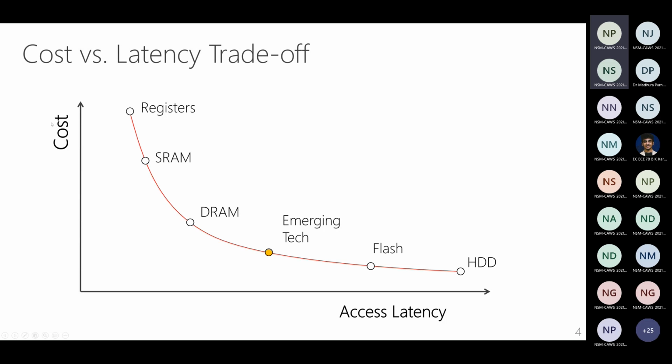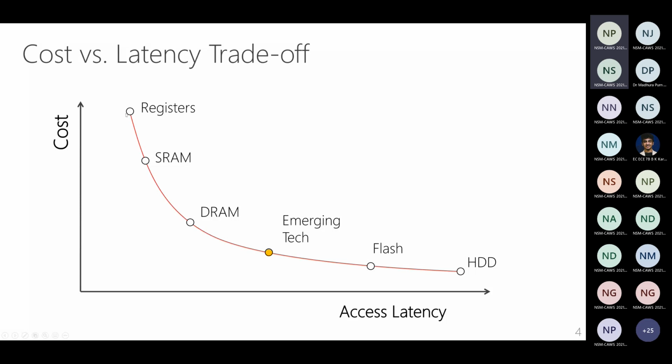Typically, if you want low access latency, you pay a high cost. On the top left here, you have your processor registers, which are extremely close to your CPUs and give you the lowest latency, but unfortunately their cost is extremely high.